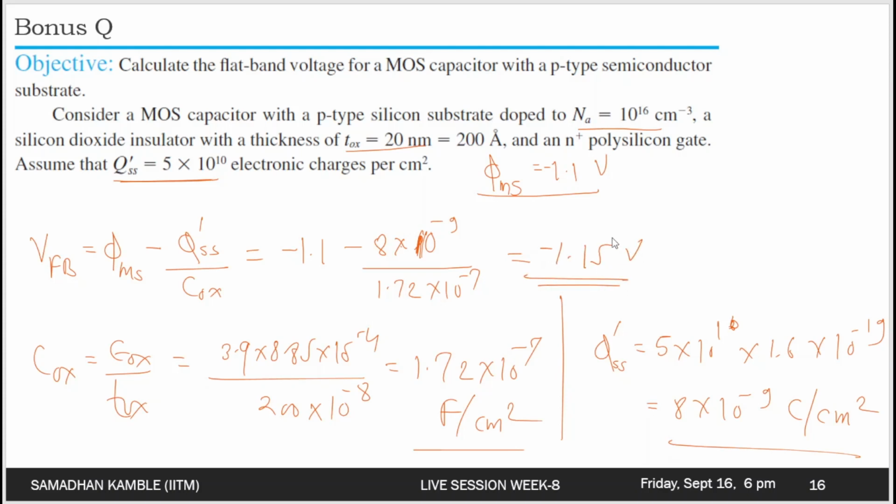Okay, so one thing to note here is that the applied gate voltage required to achieve the flat band condition for this p-type substrate is negative, and if the amount of fixed oxide charges is increased, this is the non-ideal condition, the flat band voltage becomes even more negative. So it is a function of the oxide charges and it becomes more negative in that case.